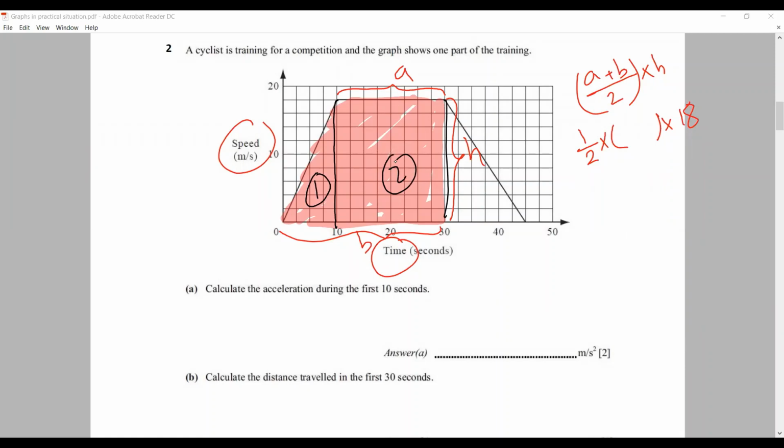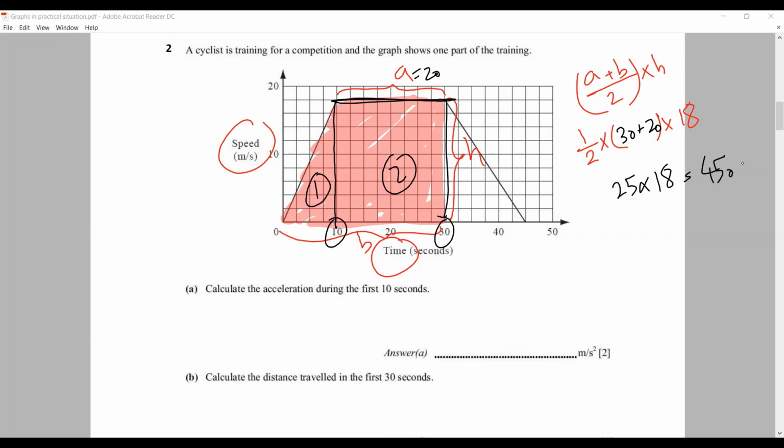Since I have written this formula already, I'm going to use the formula for trapezium. The bases are 30, this guy, and here, between 10 and 30, this is 20. And 50 divided by 2, 25 times 18, that gives me 450.